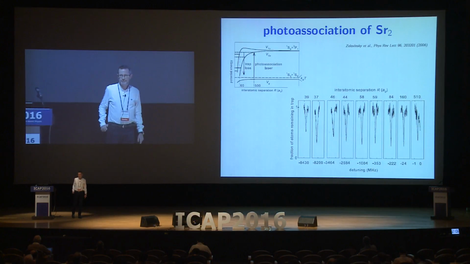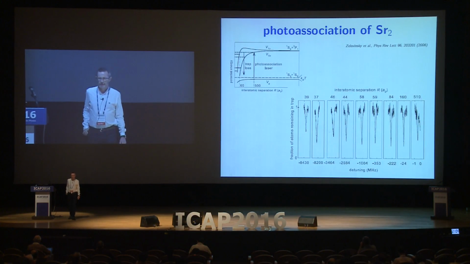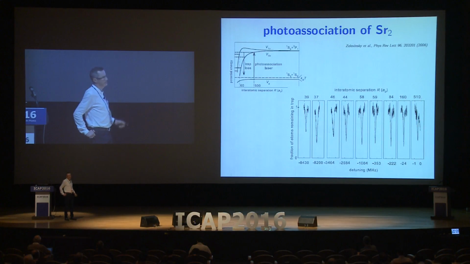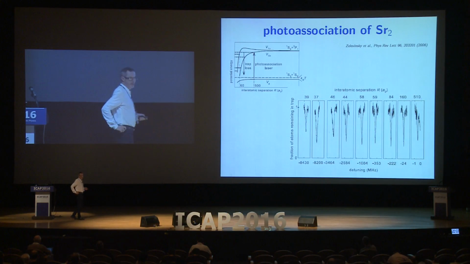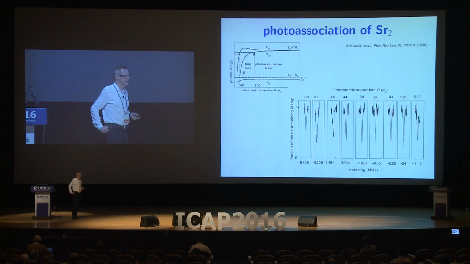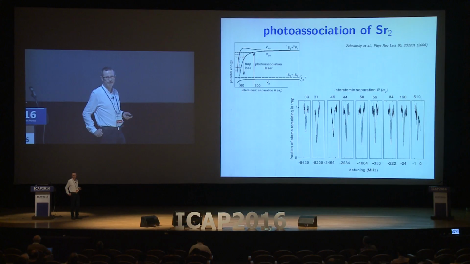I will start with the old experiment by Tania Zalewiński, the 2006 experiment, in which she photoassociated two strontium atoms. The first photoassociation experiment dates back to 1998, by Pierre Pillet and the group at Orsay.